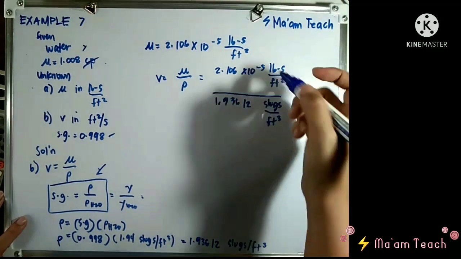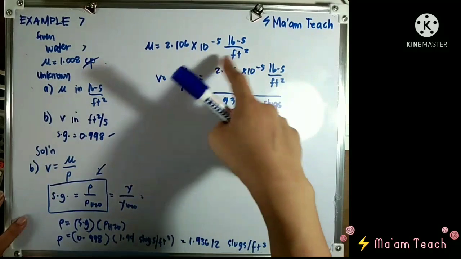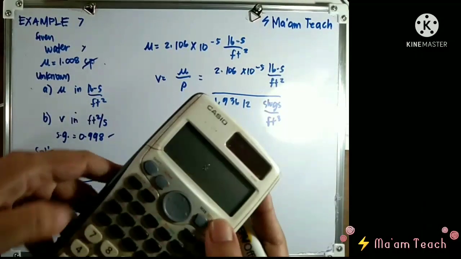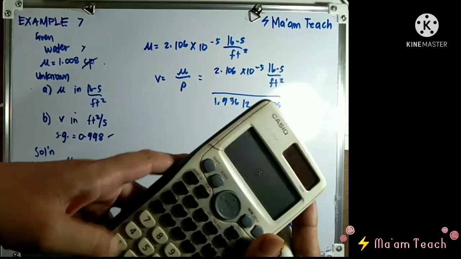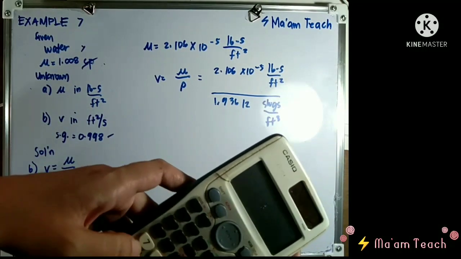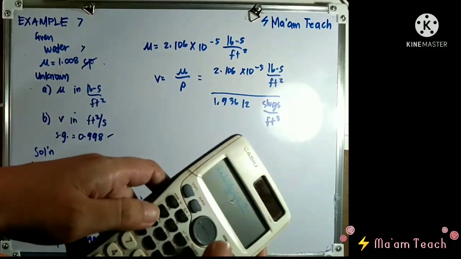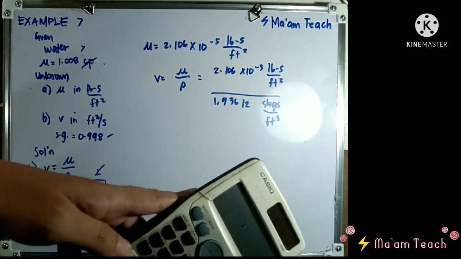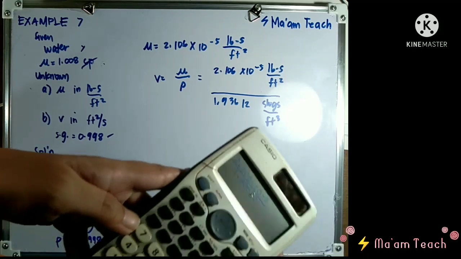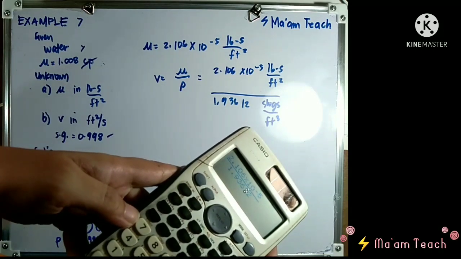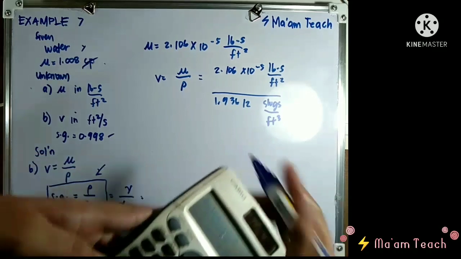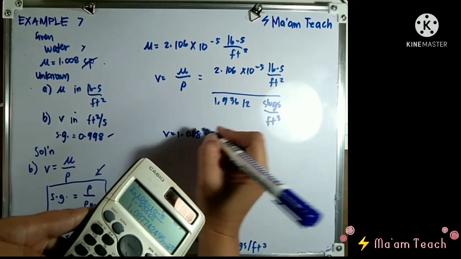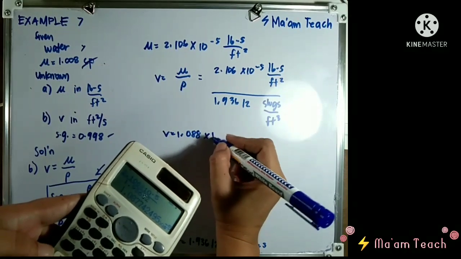Let us first evaluate the values, class: 2.106 times 10 raised to negative 5, and then divide by 1.93612. Can you see it? There. So you'll have the value 1.088 times 10 negative 5.